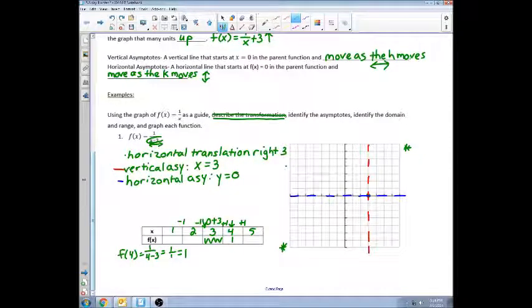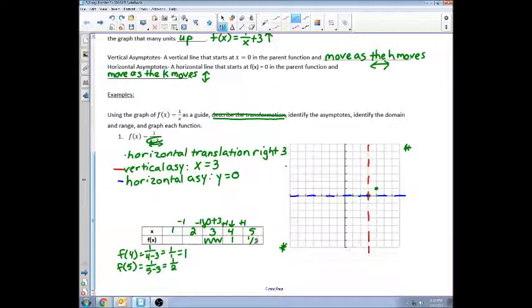Okay? What I also want you to realize is the first number to the right will be 1 unit higher than my horizontal asymptote, so my blue dashed line. So I'm going to go to 4, 1, 2, 3, 4, up 1, and I have my first point. Now my 5, if I put 5 in for x, f of 5 equals 1 over 5 minus 3, which is 1 over 2.